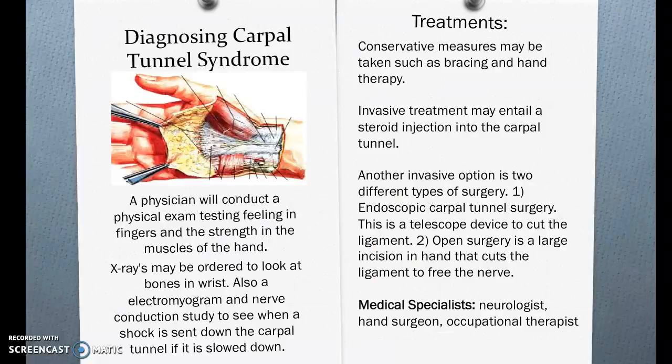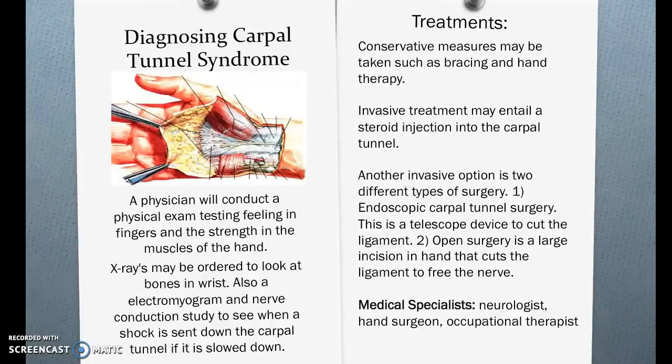So when diagnosing carpal tunnel syndrome, a physician will conduct a physical exam testing feeling in the fingers, and particularly I've seen the doctors look at the thumb, the index, and the middle, and they'll test the strength in the muscles of the hand.